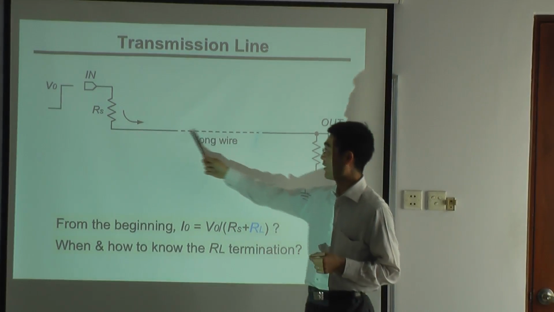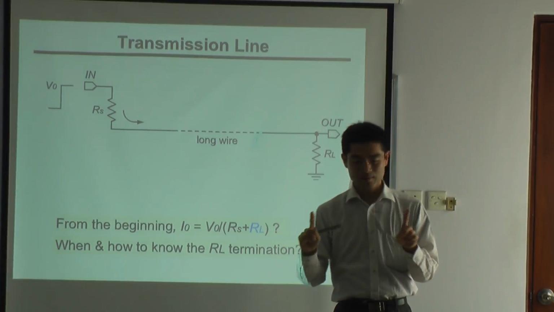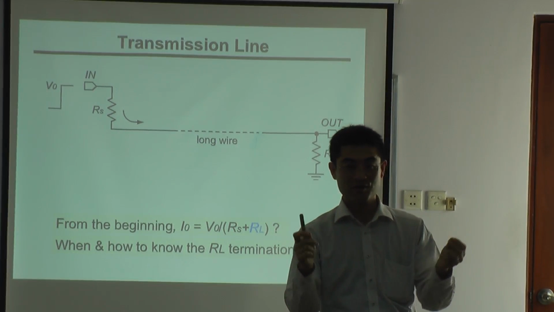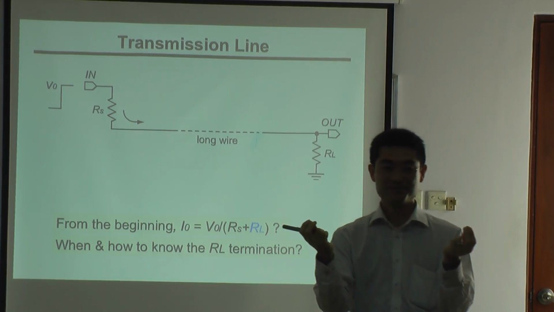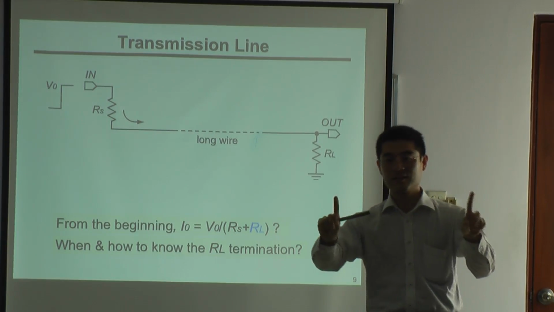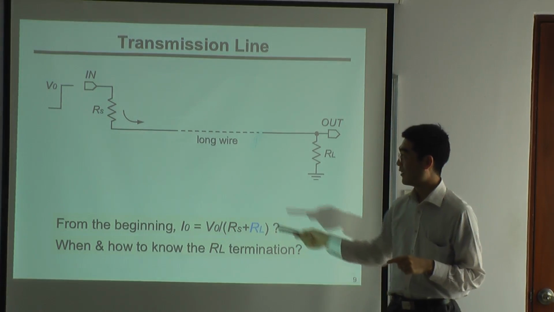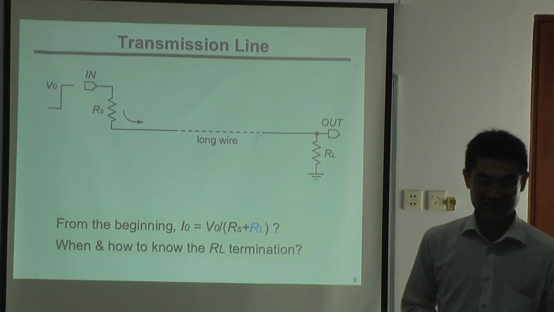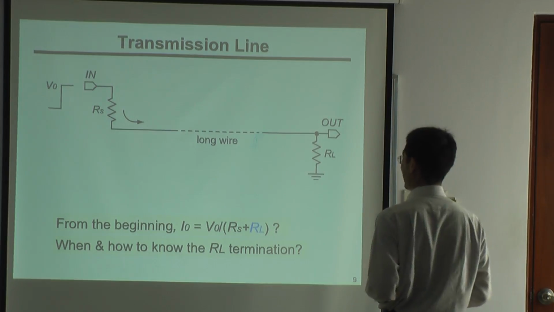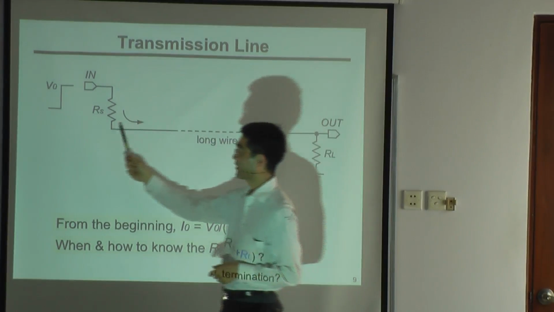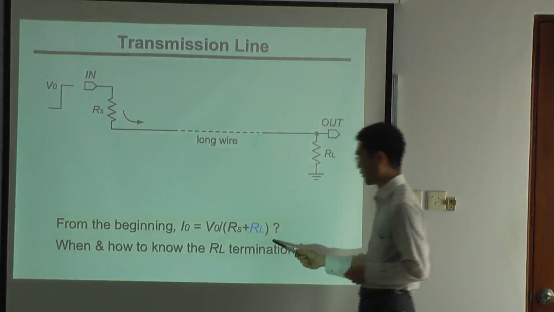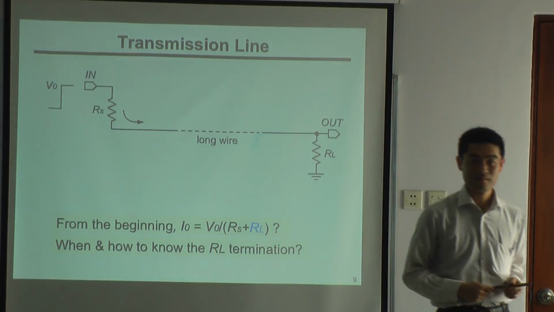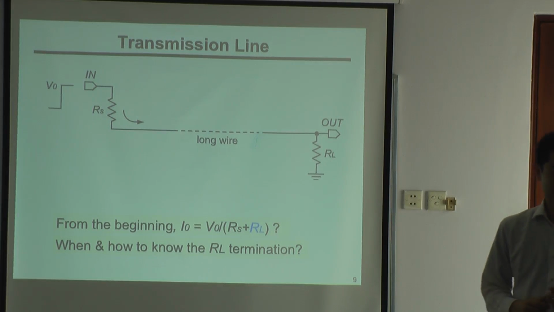Let's say that when you measure the long wire impedance with a digital tester, it says 0. If the digital tester says it is 0, how much current flows? With RL, RS, and V0, that means I equals V0 over RS plus RL.